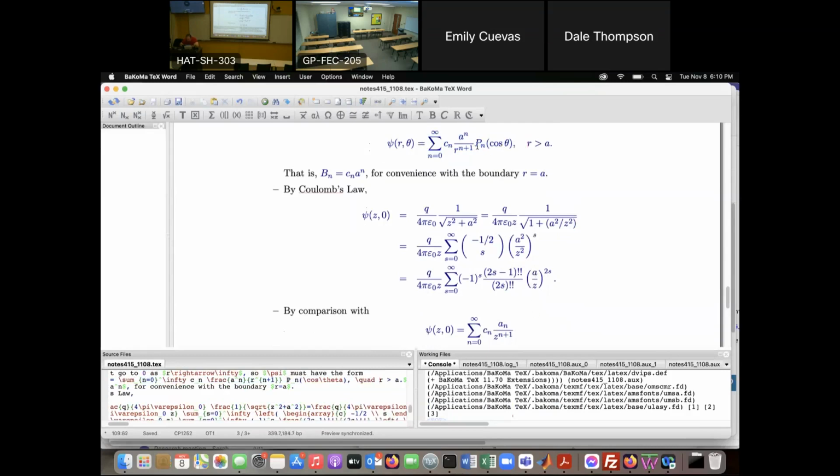Keep in mind that I have Pn of 1. All the Legendre polynomials are normalized so that Pn of 1 is always equal to 1. That was certainly convenient here. So now all I have to do is determine the coefficient Cn. Oh, that should be a raised to the n power, not a sub n.